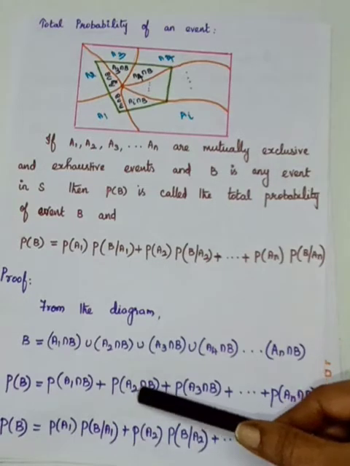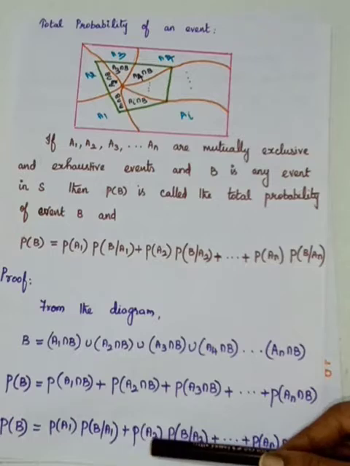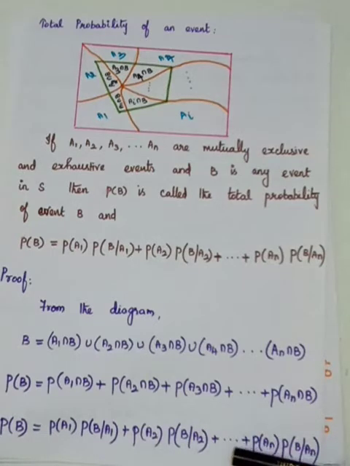In the same way, P of A2 intersection B can be written as P of A2 into P of B by A2, plus etc.